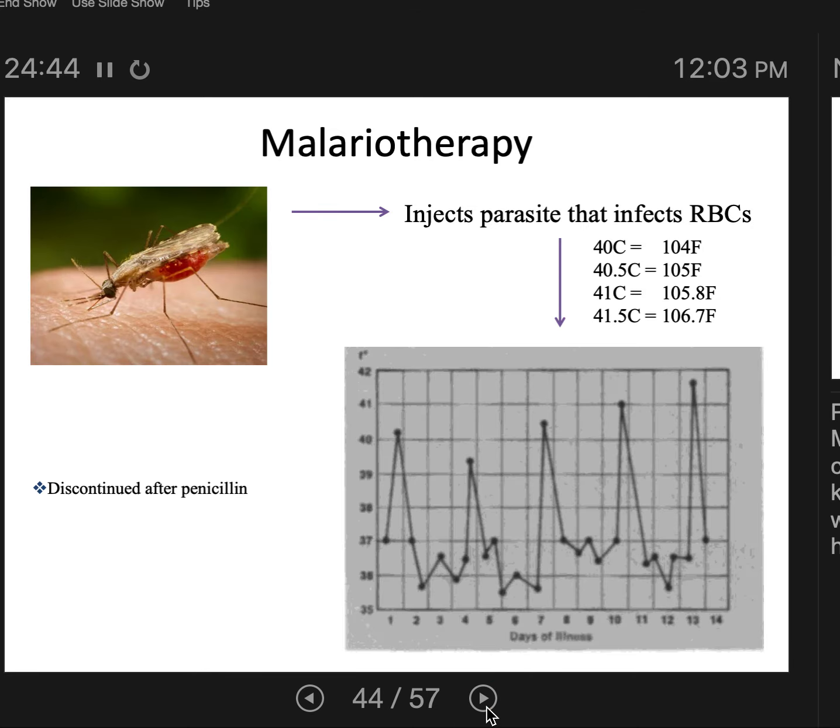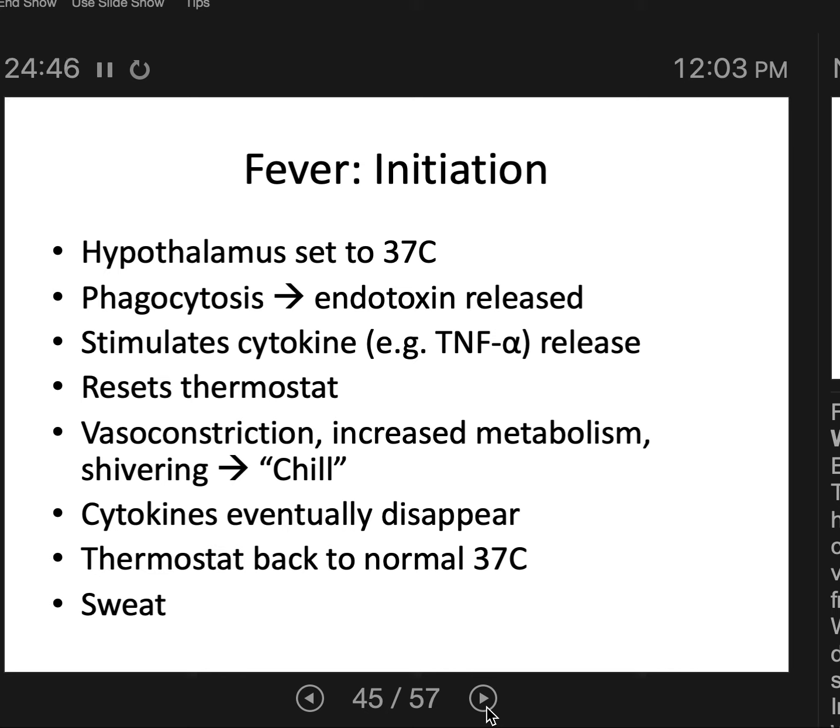Okay, so how fever is initiated. Your normal body temperature is about 37 degrees Celsius. That's your normal hypothalamus thermostat setting. There are a lot of ways that fever can be initiated, but let's go through one: phagocytosis of a gram-negative bacteria, where endotoxin, the lipopolysaccharide from their outer membrane, is released.